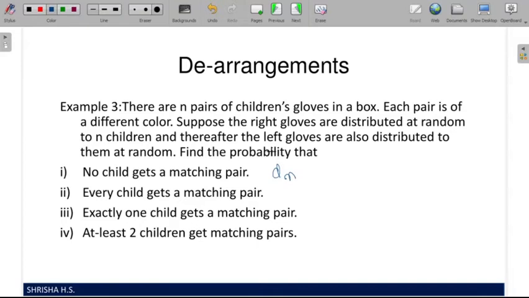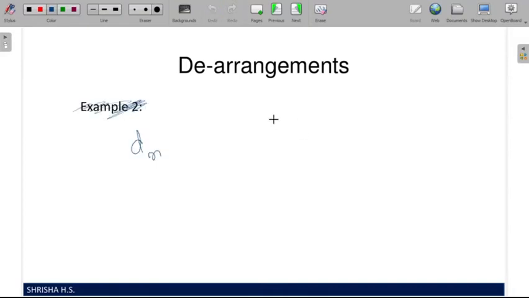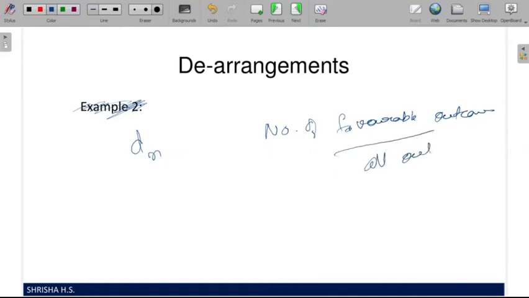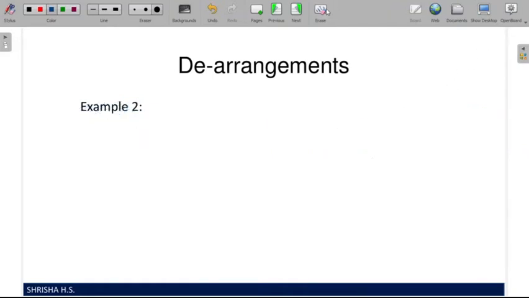Find the probability. So probability means what? Number of favorable outcomes divided by all possible outcomes, right? All possible outcomes is n factorial.